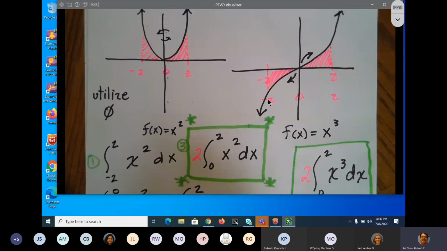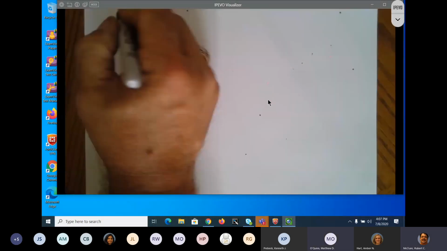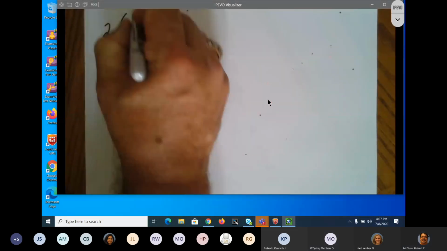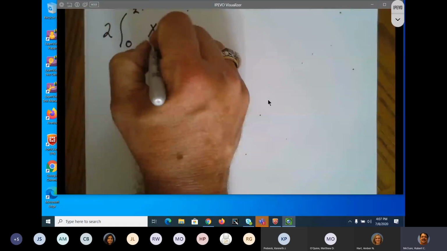So I'm going to go to the next page. 2 times the antiderivative from 0 to 2 of x squared dx. Now you don't have to worry about this because it's just the power rule.